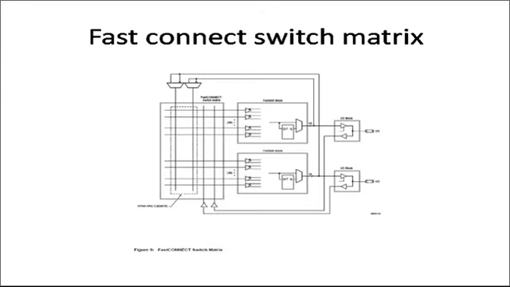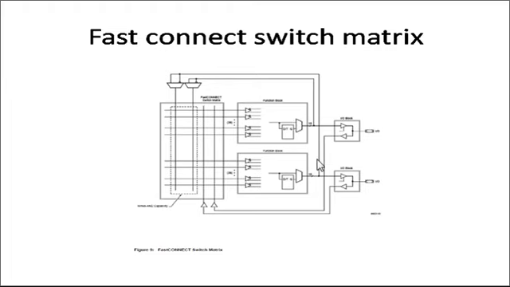Now see, this is the fast connect switch matrix, which is in between the IO block and the function block. Here you can see that the outputs of the function block are again fed back to the fast connect switch matrix. It is similar to a programmable AND array.